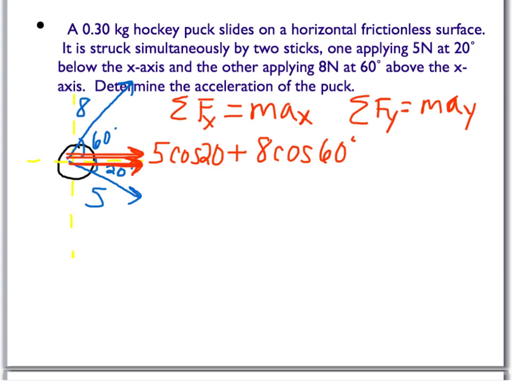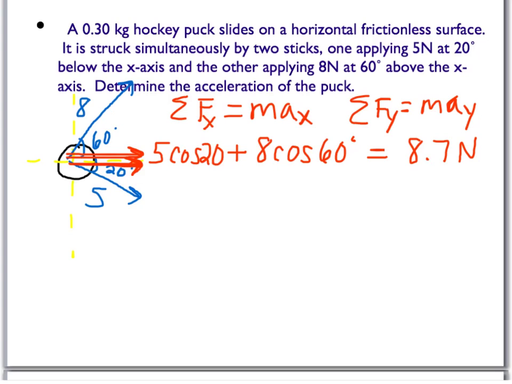When I sum up each of these forces, I find my total. If you want to, pause the video here, pull out your calculator, and see what you get when you solve for this. When you add up all of your x forces, you get about 8.7 newtons of force in the x direction.